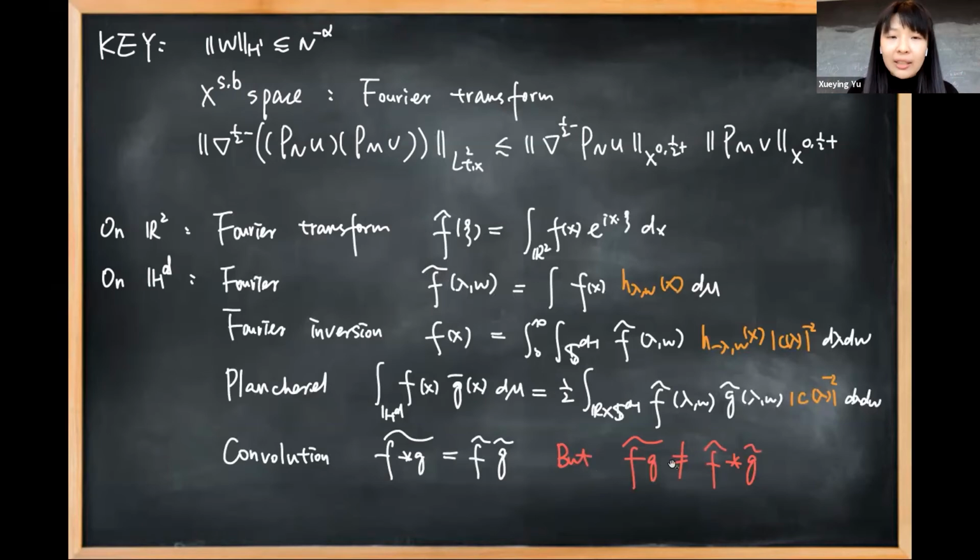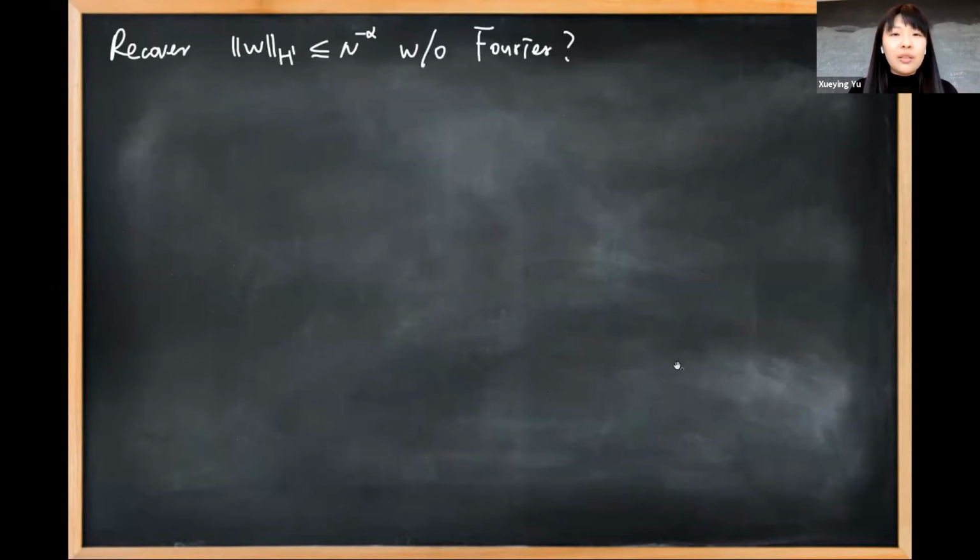Since you don't have that, maybe it's not even possible for us to use this XSB space. Then knowing the bad news, what would we do for this project? So we want to know if there's any other way to recover the same estimate without using any Fourier transform.